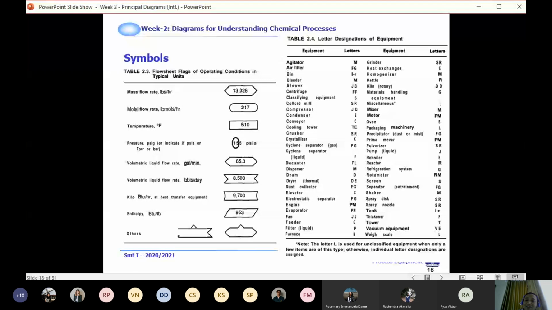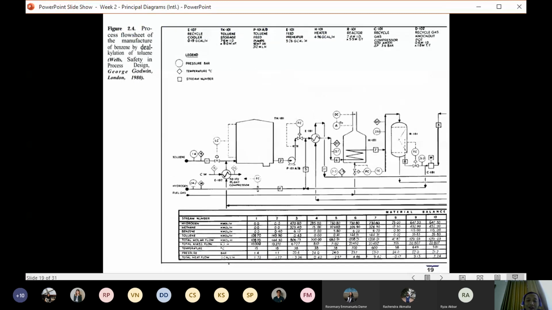So 130 in this case is changed by this code. For example, the compressor is C or K, and then your ID is also a number. So it will become, for example, C100. This is the example of that PFD.